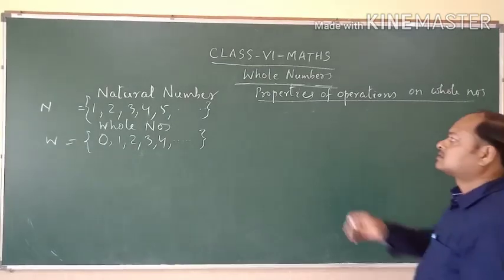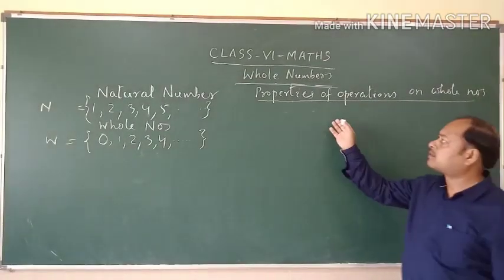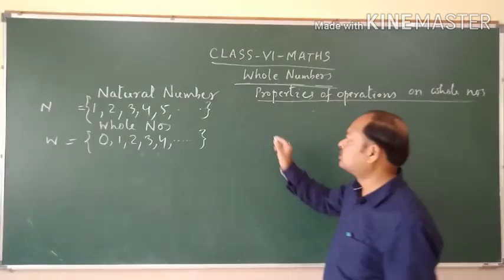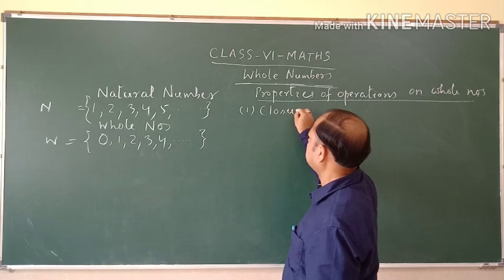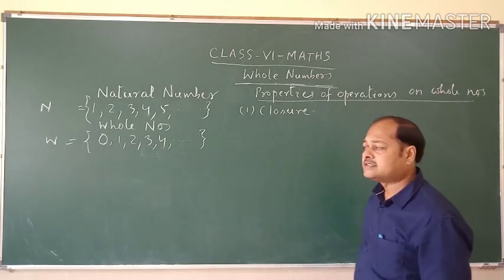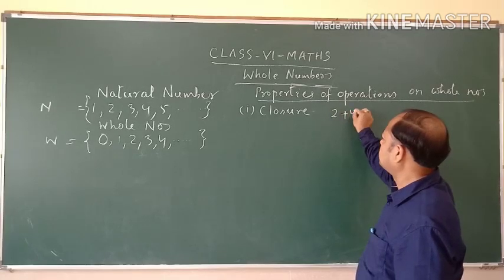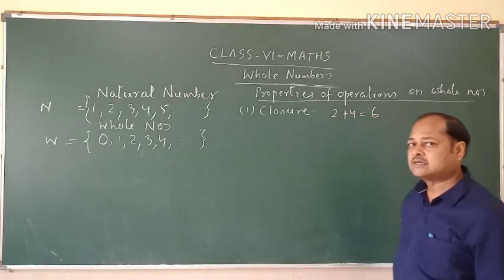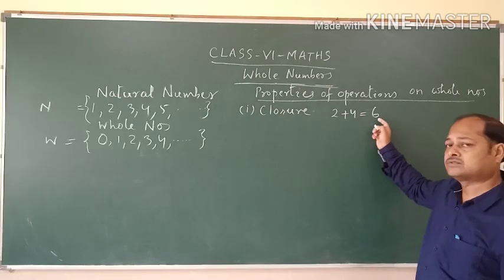Now we discuss some properties of operations on whole numbers. The first property is called the closure property. For example, 2 plus 4 equal to 6. Here 2 is a whole number, 4 is a whole number, and 6 is also a whole number.